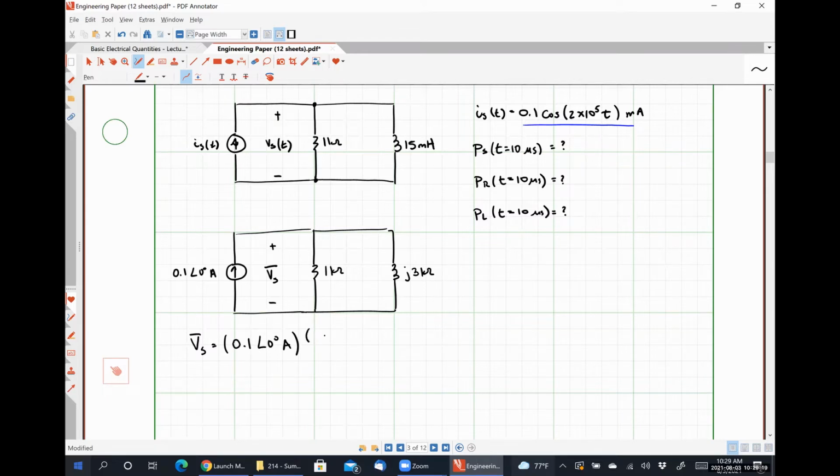So that would be 1 kilo ohm times J 3 kilo ohm divided by 1 kilo ohm plus J 3 kilo ohm. Take a moment to do that calculation and tell me what you get.